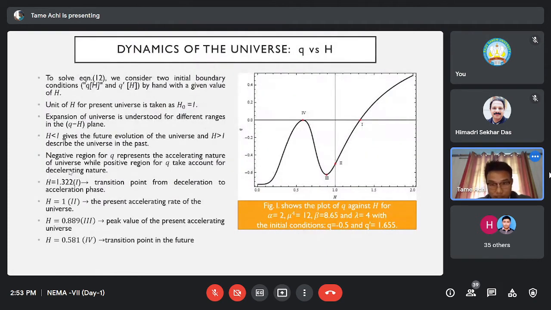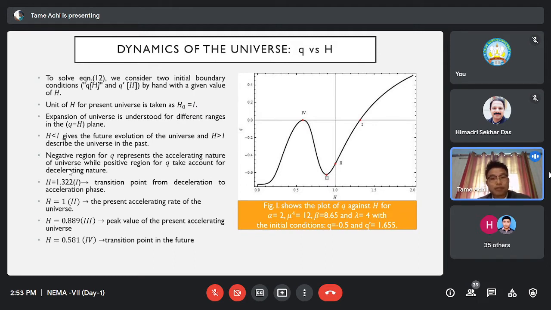Before we discuss this graph, I'd like to highlight that to solve equation number 12, we have considered two initial boundary conditions for Q and Q prime.